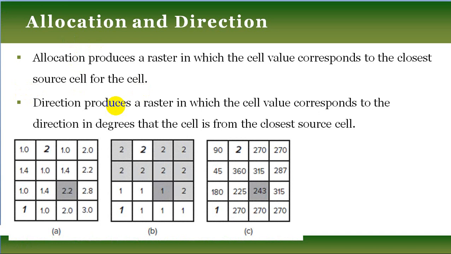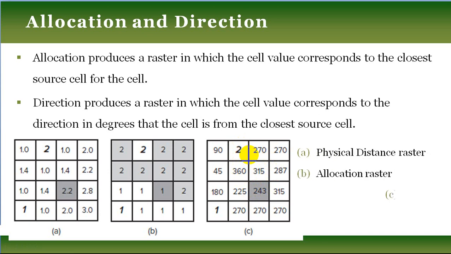But for understanding purposes I am first showing you this figure. A is the physical distance raster, B is the allocation raster, C is the direction raster. Now let me explain.